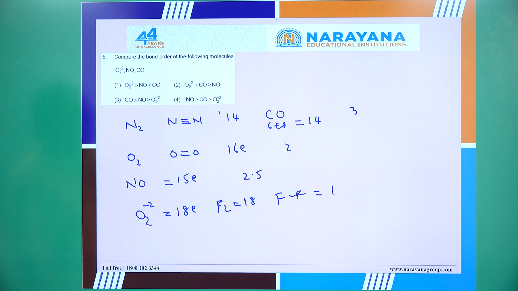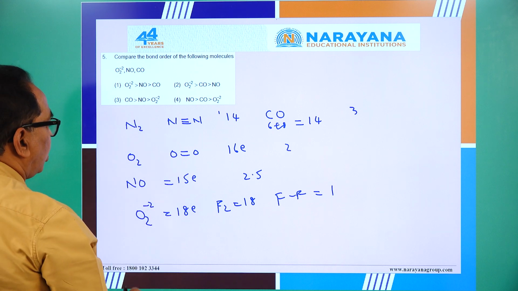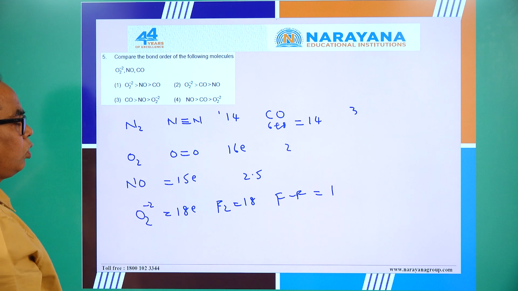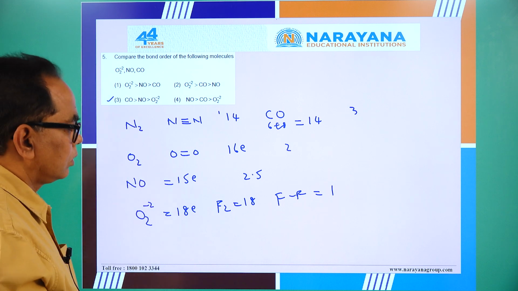But when we have a chance to solve the question easily, we can solve it in this manner according to me. So the correct option is here. CO has bond order 3, NO has bond order 2.5, O2 minus 2 has bond order 1. So the correct option is 3.